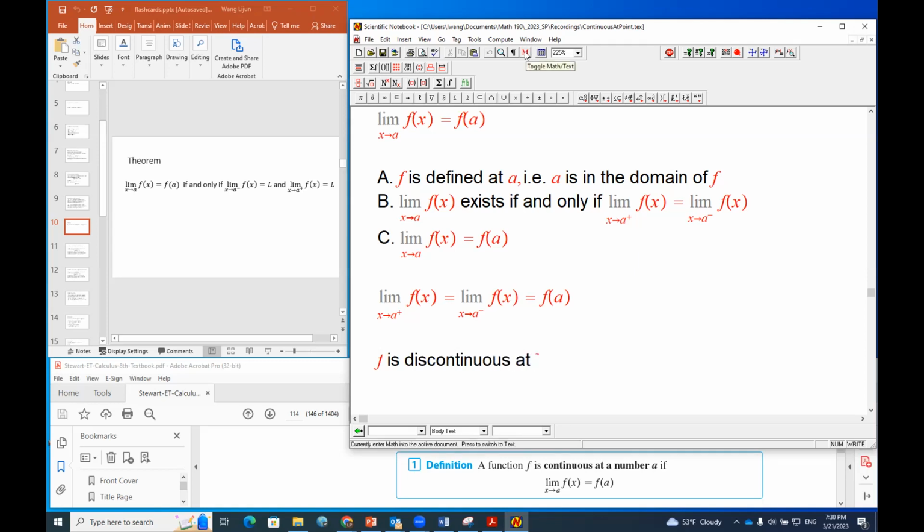Discontinuous at A means not continuous at A. To be continuous at A, all three conditions must be satisfied. So discontinuous at A means what? A and B and C.